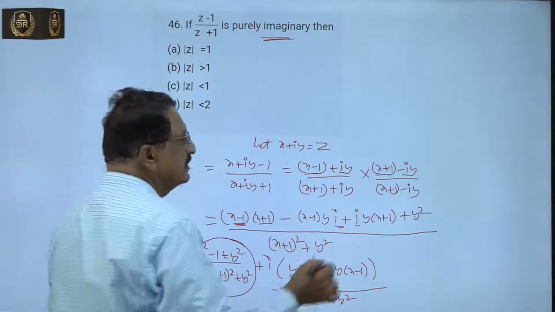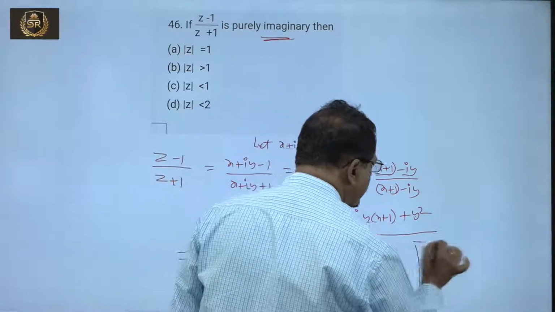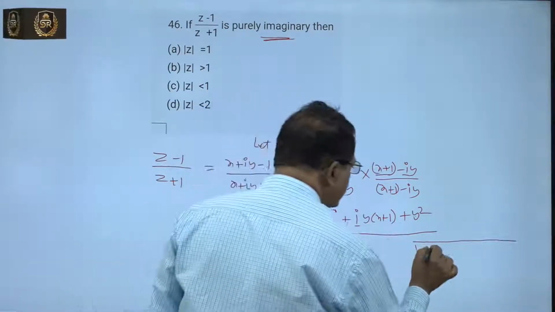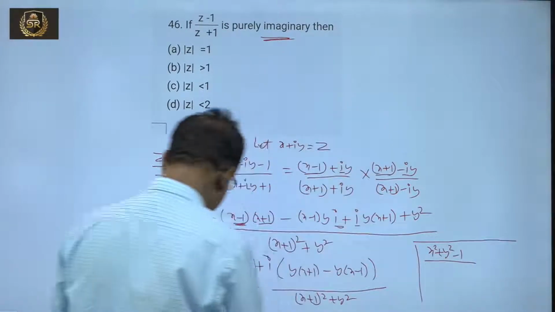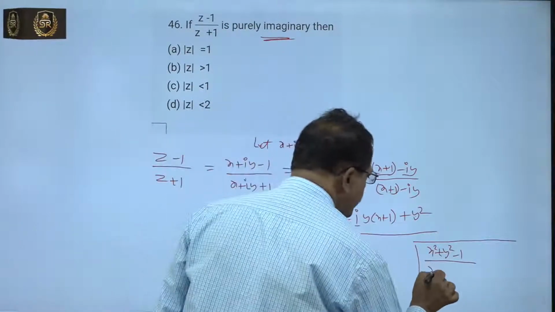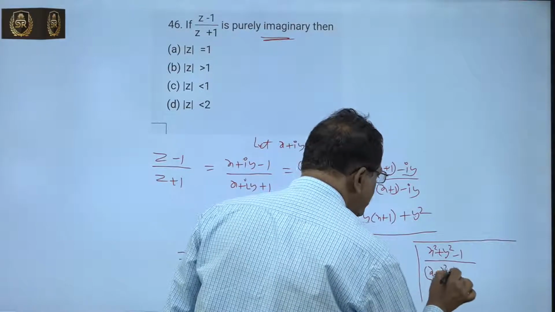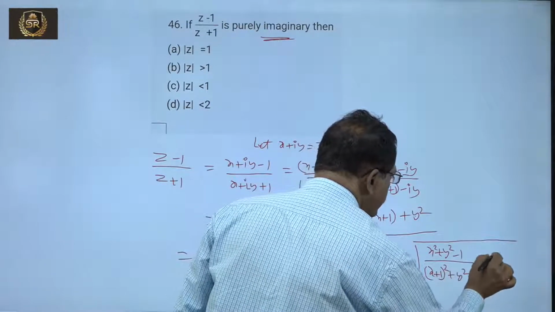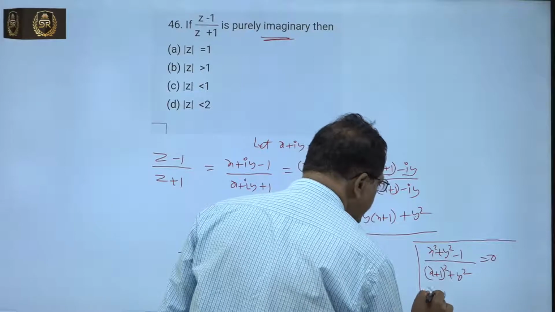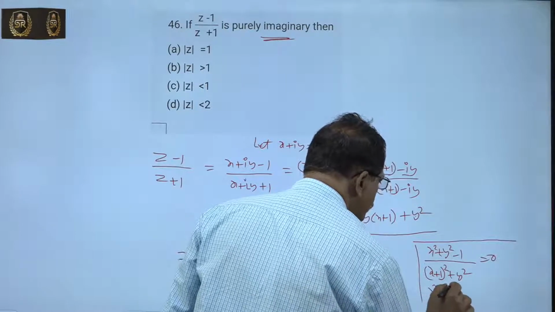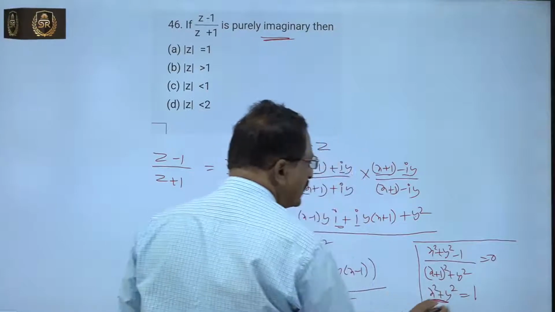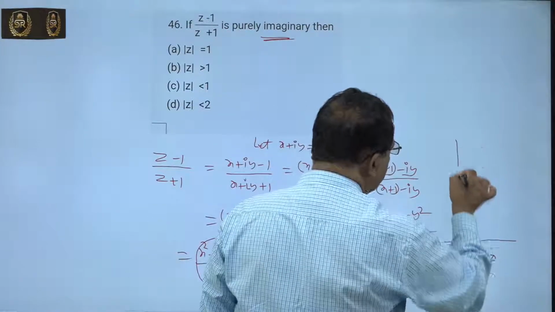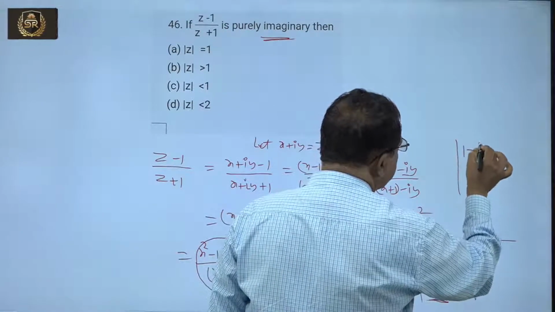Real part must be equal to 0. Now what is the real part? (x square plus y square minus 1) by the denominator (x plus 1) whole square plus y square. It is equal to 0. Cross multiply, then x square plus y square equals 1. But that is nothing but mod z square. Mod of z square equals 1.